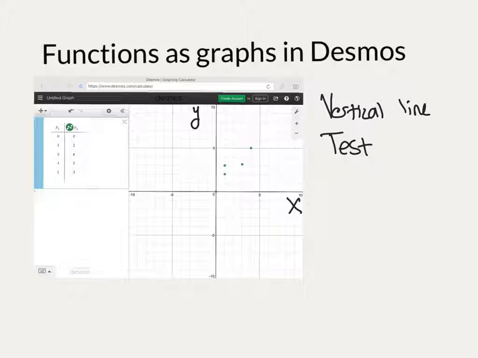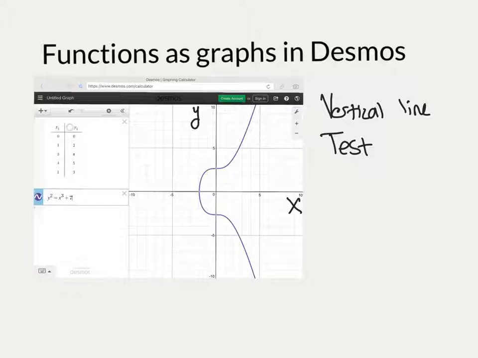So let's play around with Desmos a little bit and see if we can explore functions some more. So let's turn this off. In our in-class worksheets, we had this cool looking graph, y squared equals x cubed plus 7.